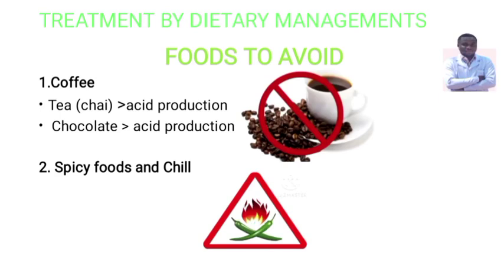Patients with PUD, peptic ulcer disease, have to avoid coffee, tea, and chocolate because they increase acid production in the stomach. When acid production in the stomach increases, the acid can cause ulceration. Therefore, we have to avoid it.